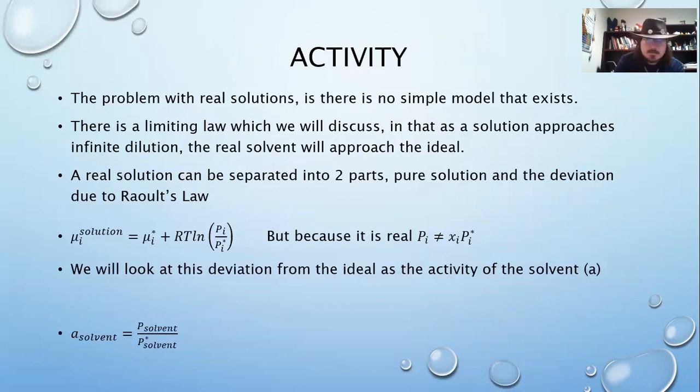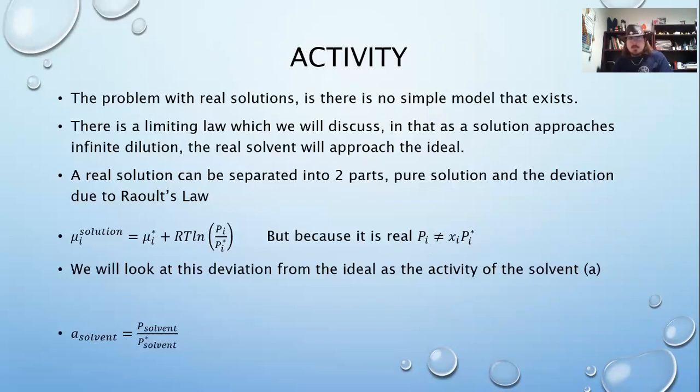The chemical potential of a solution is equal to the chemical potential of the pure solvent plus RT ln of P over P pure. Now, because it is real, this is not simply Raoult's law.